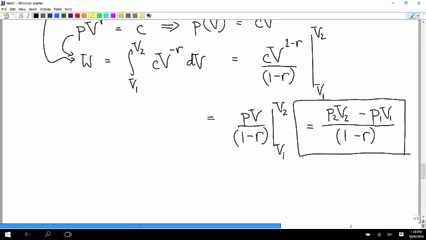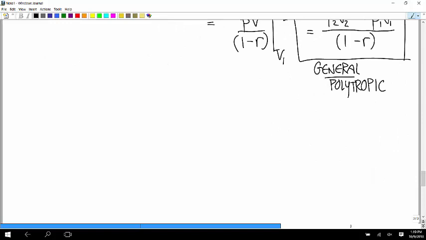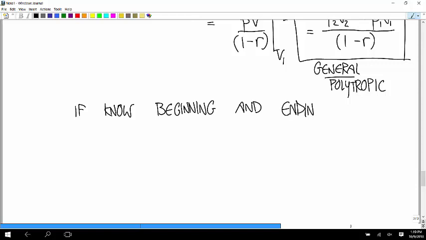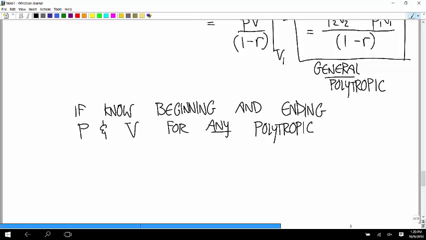Okay, so this is for a general polytropic process. That means if you know the beginning and ending pressure and volume for any polytropic process, you can calculate the work of expansion.